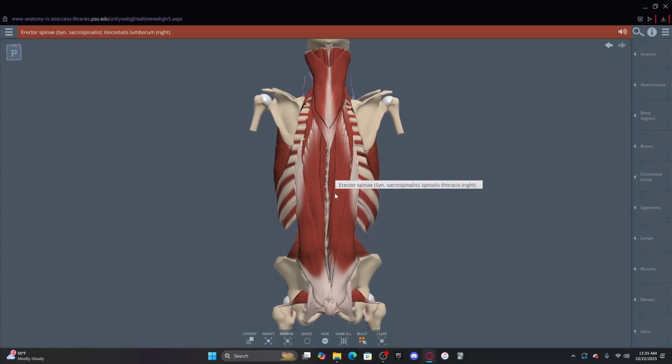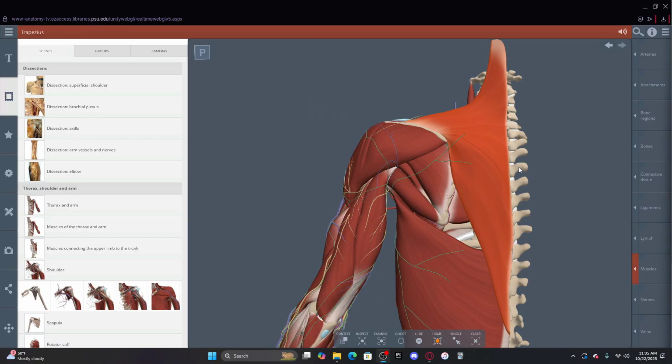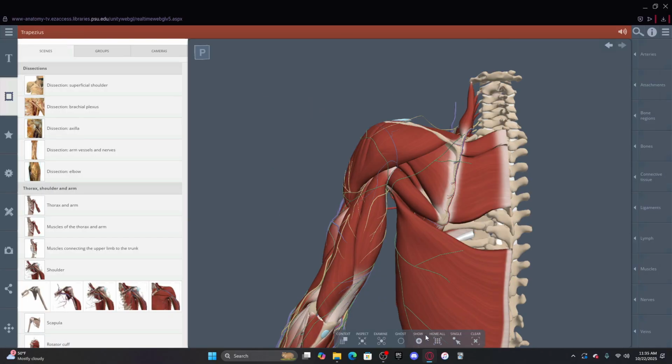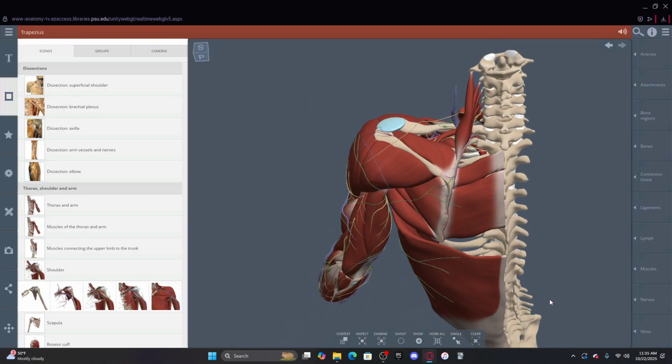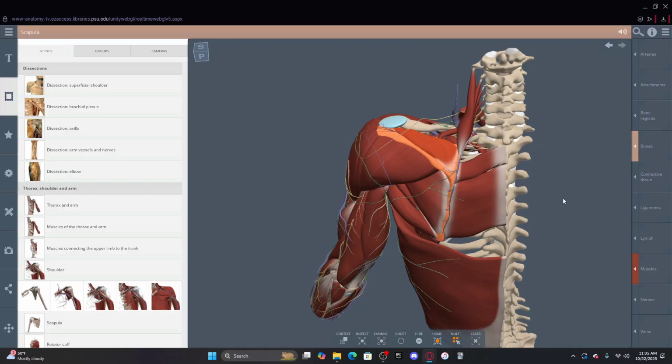So now that we have those three muscles down, we're going to go into the supra and infraspinatus muscles, looking at some rotator cuff muscles. We have to reflect trapezius once again. Supraspinatus we can see right here.